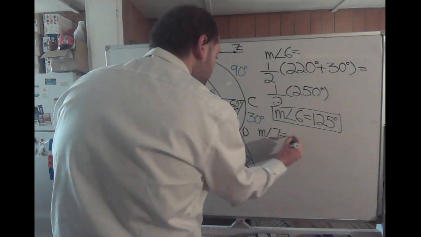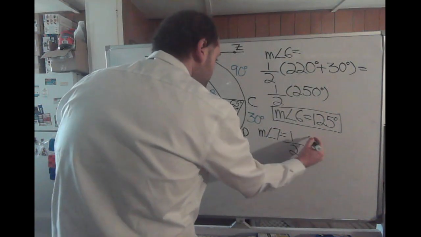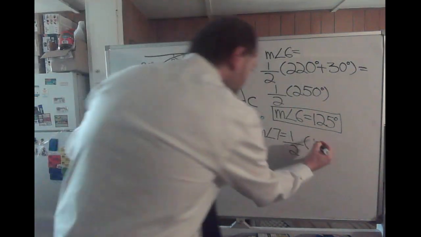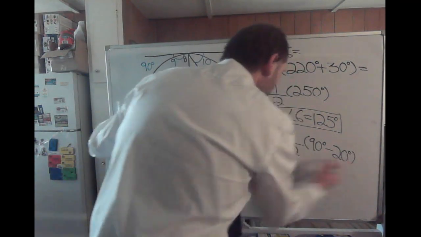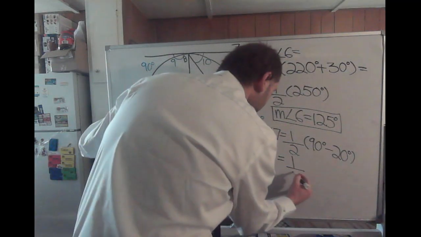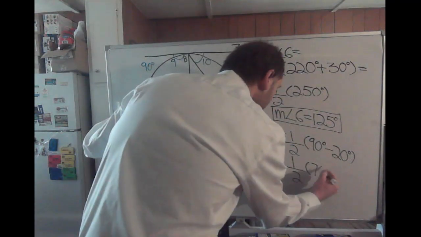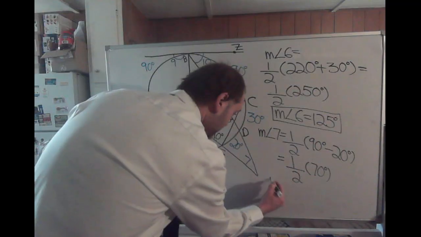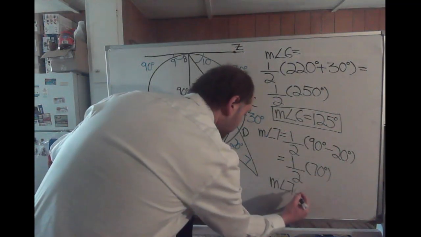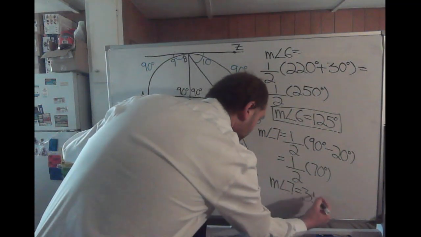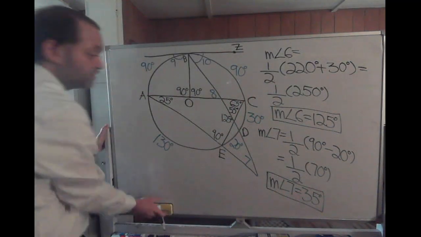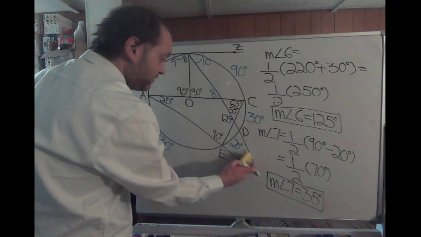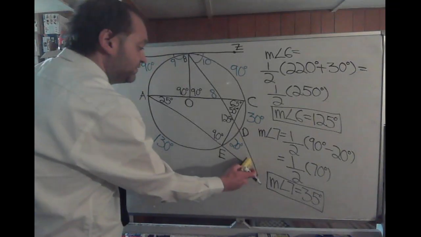So the measure of angle 7 would be equal to half of that 90-degree arc minus that 20-degree arc, which means it's equal to half of 70 degrees. Well, what is half of 70? It's 35. So the measure of angle 7 in this case would be equal to 35 degrees. So now we can go ahead and fill in the measure of angle 7 as 35 degrees.